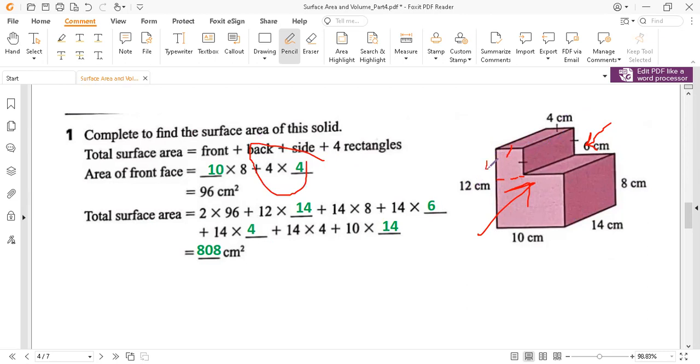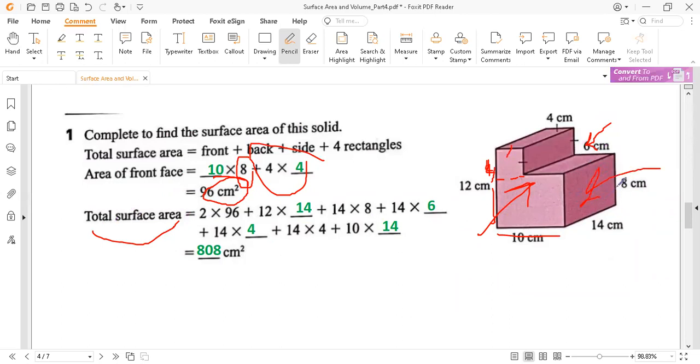If we subtract 4 from 12, we obtain 8, so it is 8 by 10. It is easy to obtain 96 centimeters squared as the area of the front face, which is identical to the back one. And for the total surface area, we start again from this surface.